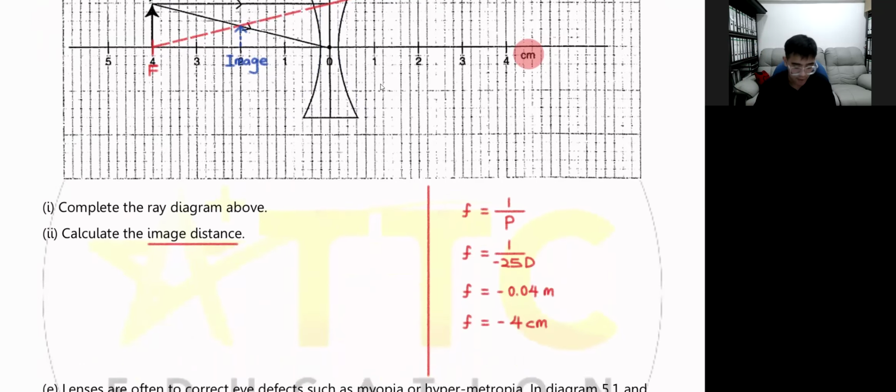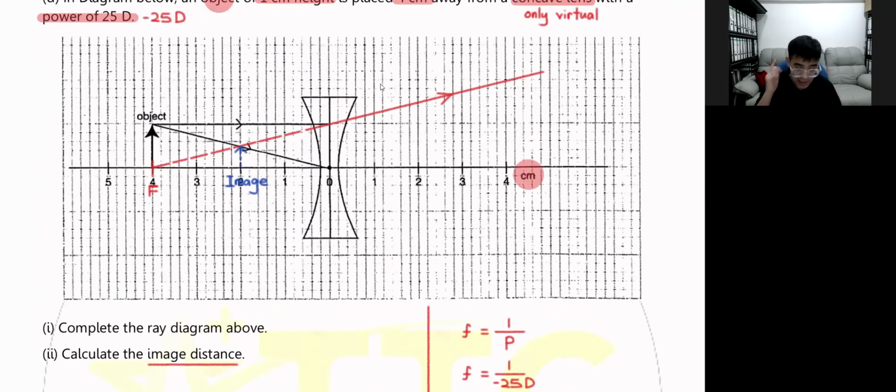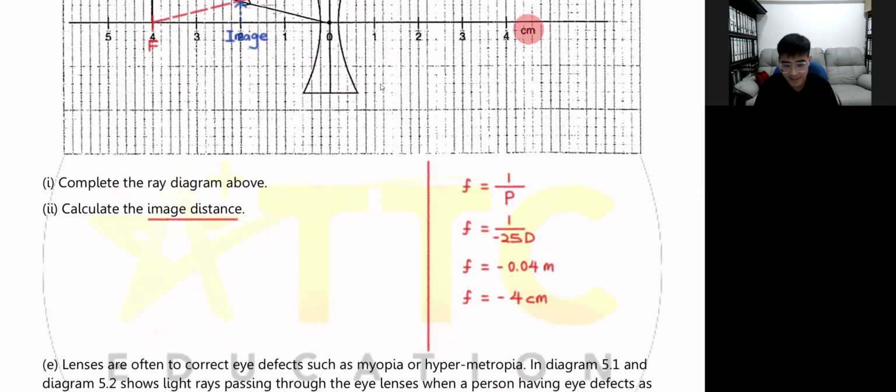Now, after that, the question asks you to calculate the image distance. Now that you already have the focal length and the object distance, you can find the image distance. Do you still remember what formula we should apply to find the image distance? What is the name of the formula? Correct, lens formula.